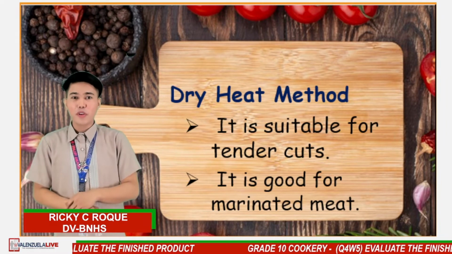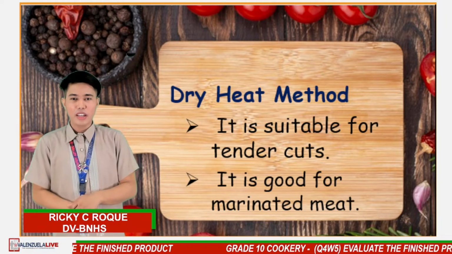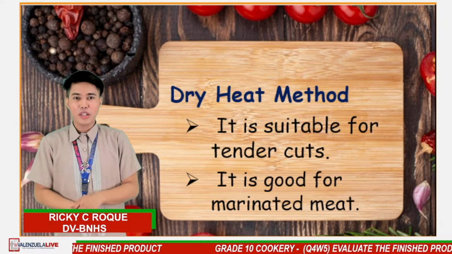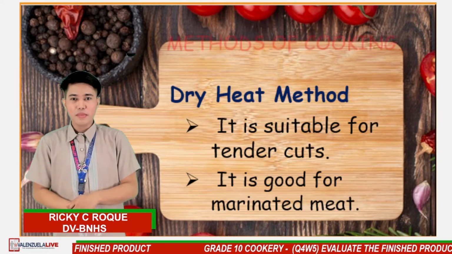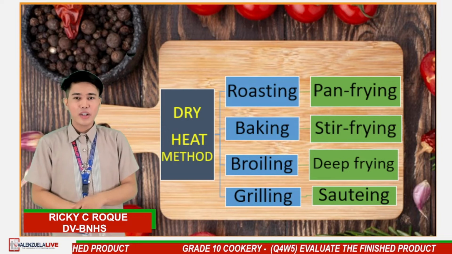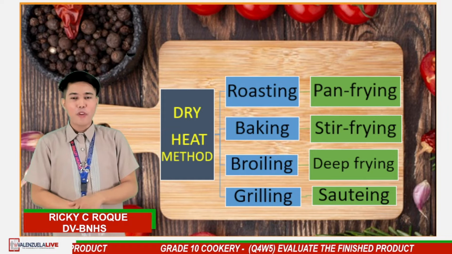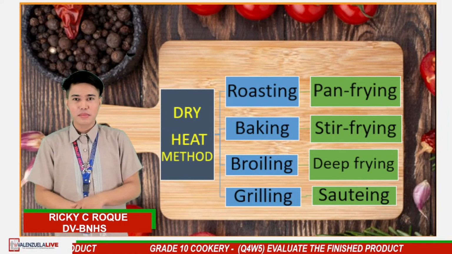It is suitable for tender cuts of meat or less tender cuts, which have been marinated. Dry heat methods include roasting, baking, broiling, grilling or barbecuing, pan frying, stir frying, deep frying, and sauteing.